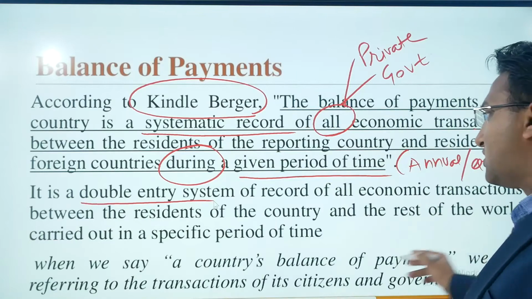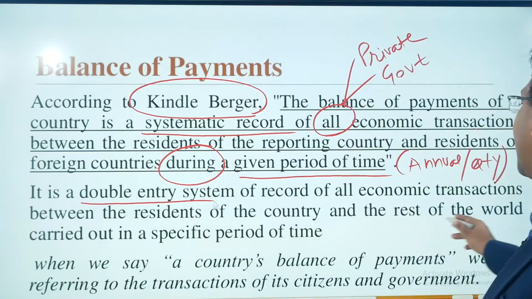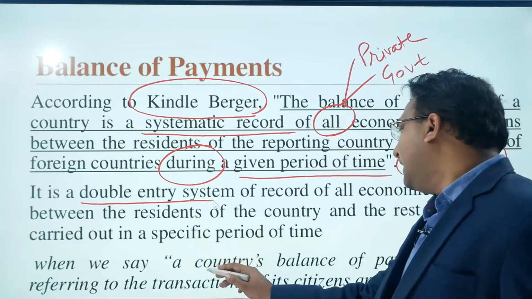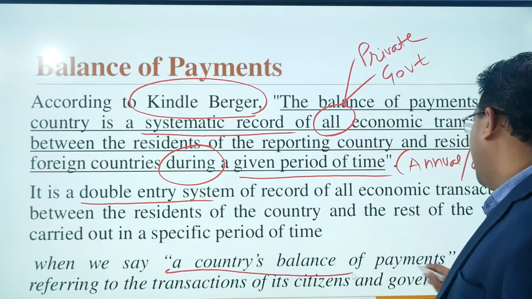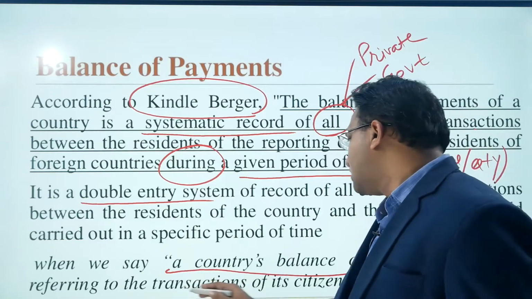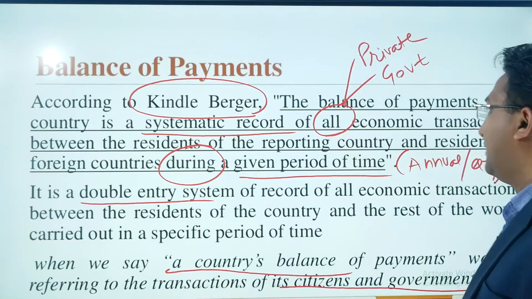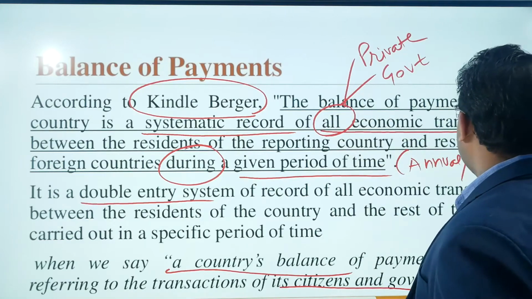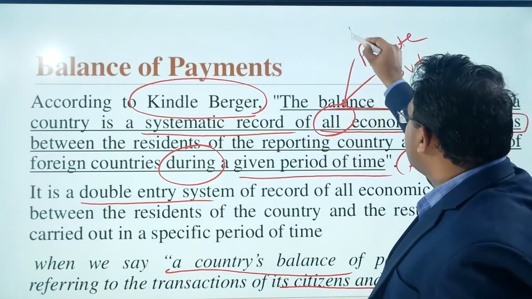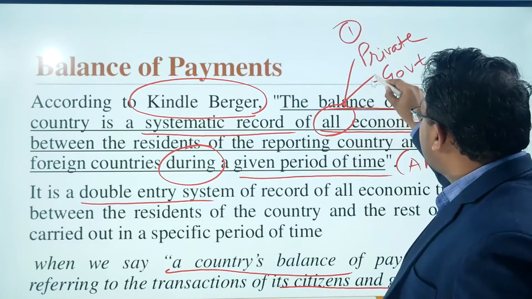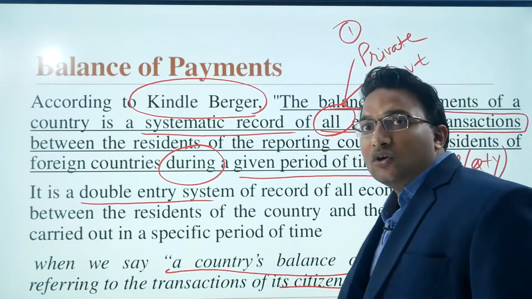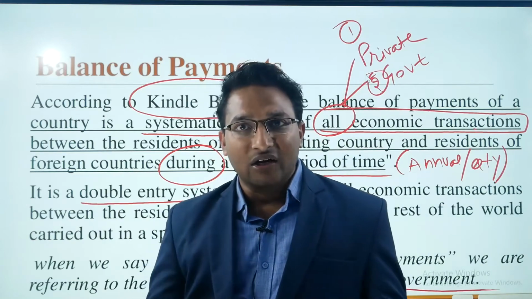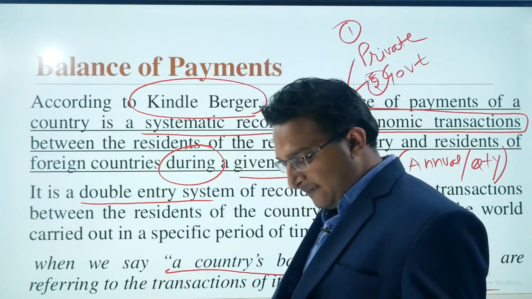It covers all economic transactions between the residents of the country and the rest of the world carried out in a specific period of time. When we say a country's balance of payment, we are referring to the transactions of its citizens and the government, right? So we are referring to all the economic transactions, whether done by the private sector or by the government sector. We are including both kinds of transactions.